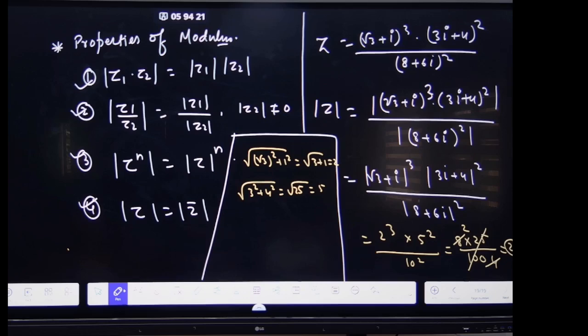See, 19th one, tell me the answer of 19th. Solve first. Individual mod you calculate. If square is there, square it. If not, leave it. Denominator separately, numerator separately you do it.